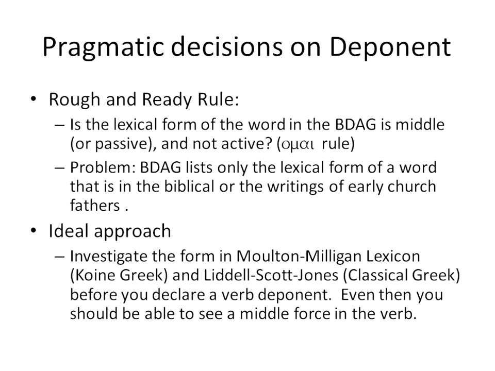So the ideal approach is to go back and investigate the form in the Moulton Milligan lexicon, which is a lexicon focusing on the general population of Greek, or common man's Greek, at the time of the 1st century, when the biblical scriptures, or maybe during the 1st to 3rd century when early church fathers were writing.